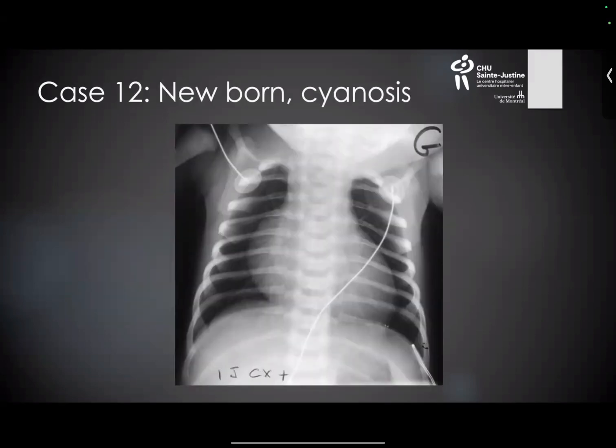Okay, we have another case of a baby that basically looked like the first one we had. So you have a cyanotic baby. The apex is on the left, aortic arch on the left, stomach on the left, you're okay. The heart is big, but the lung vascularization is low. You don't have many vessels, you see almost none. So it's not an increased lung vascularization.